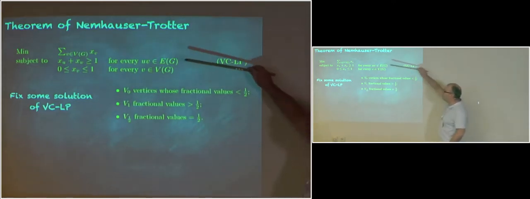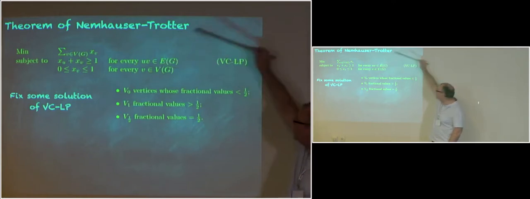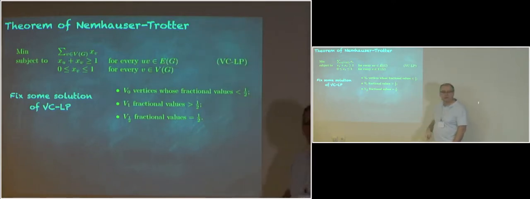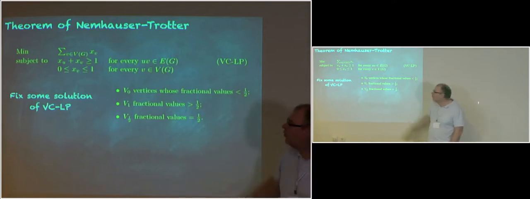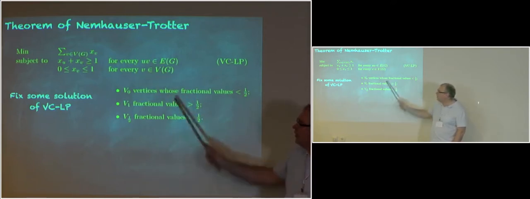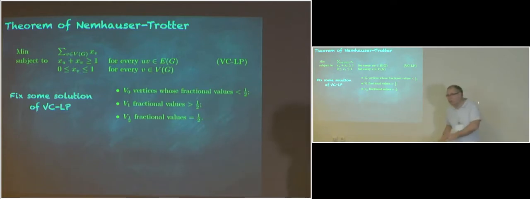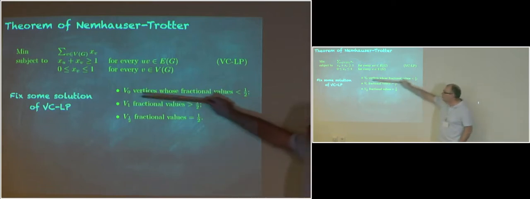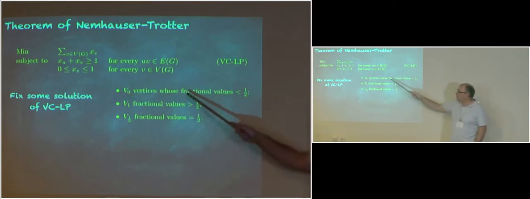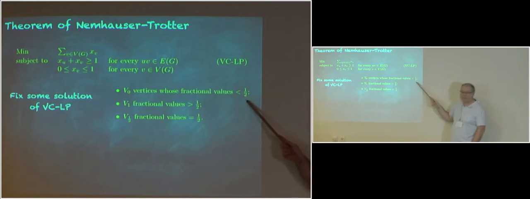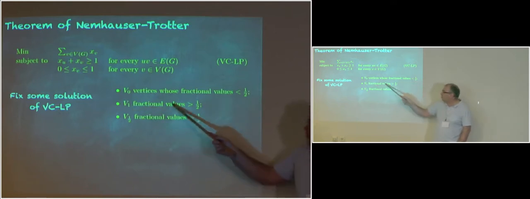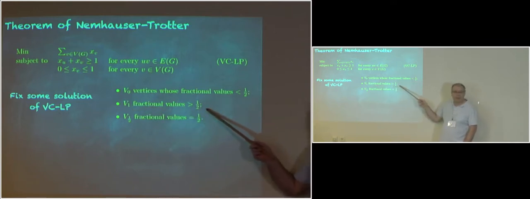So suppose I have a linear program for vertex cover. I take some solution of the vertex cover LP, and this solution partitions all vertices of the graph according to the values of the corresponding variables obtained in the linear program. V0 is the set of vertices which obtain fractional values less than 1/2. V1 are the vertices with values more than 1/2.